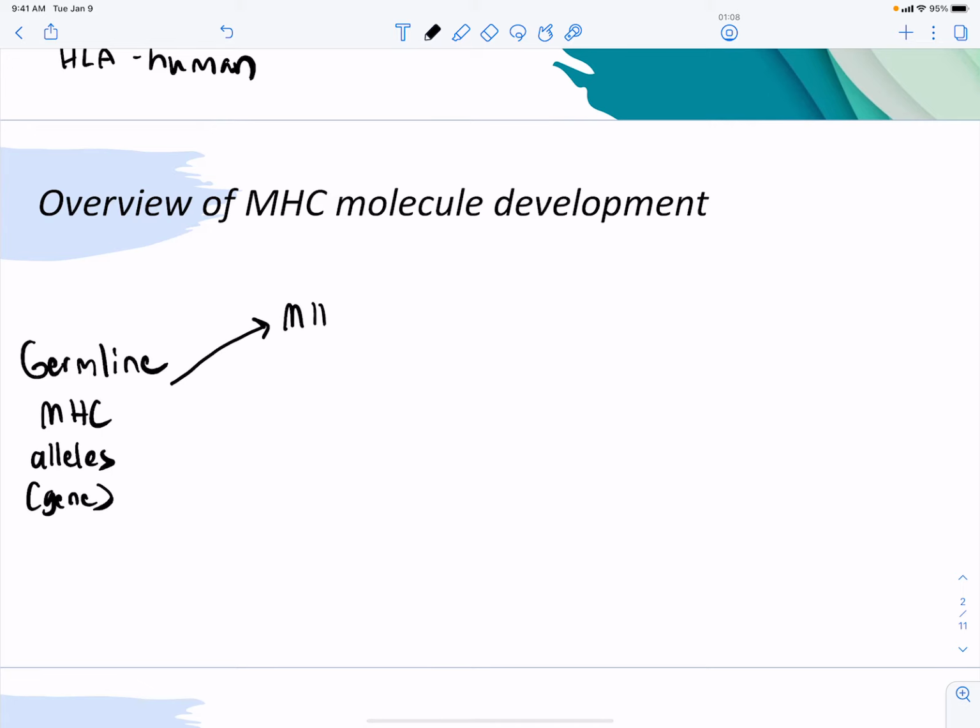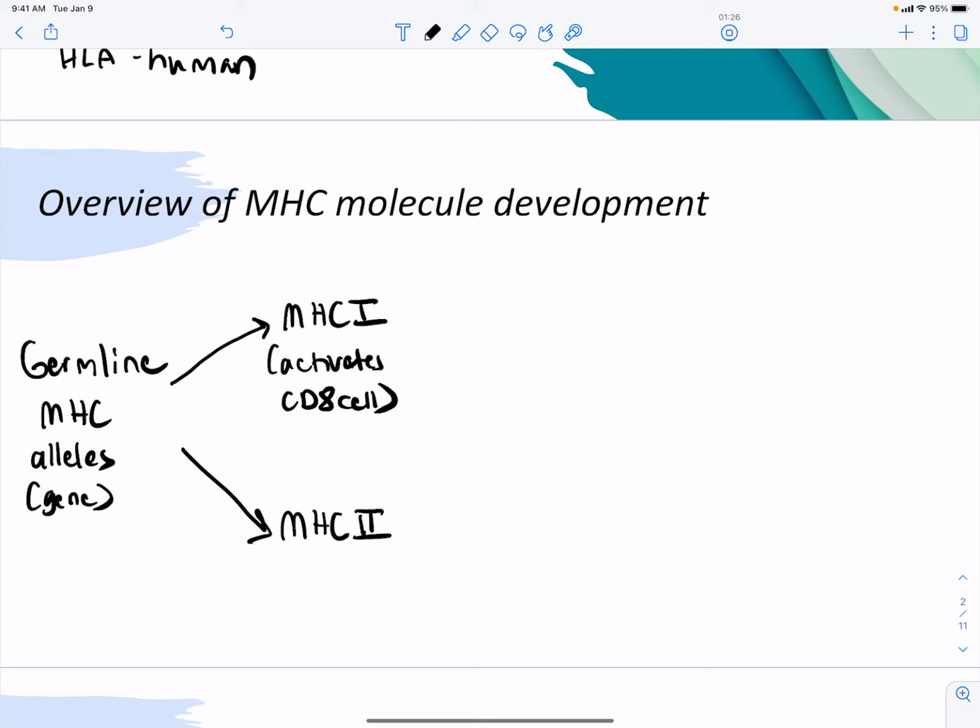We have MHC class 1, and this is going to be a gene that activates CD8 T cells. And then we're going to also have a different set of alleles that are MHC class 2, and these activate CD4 T cells.